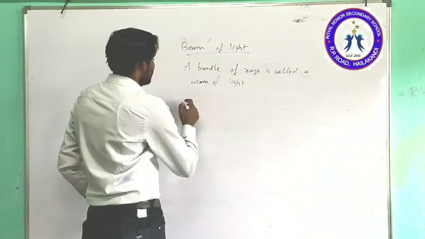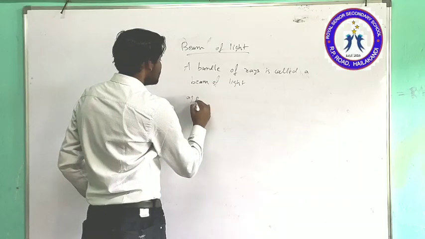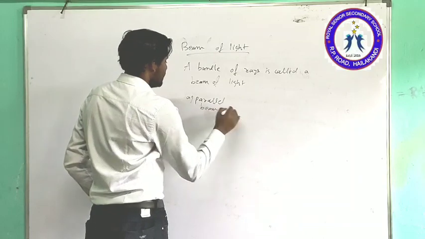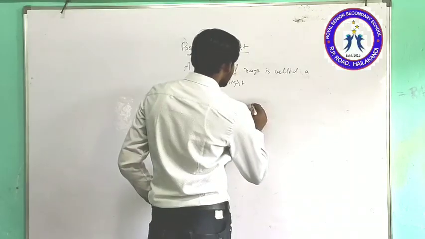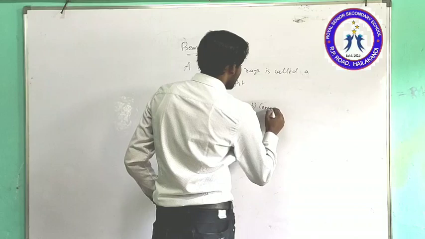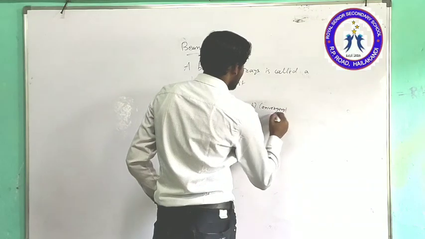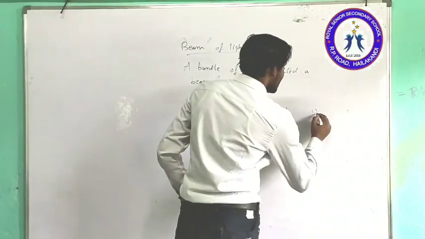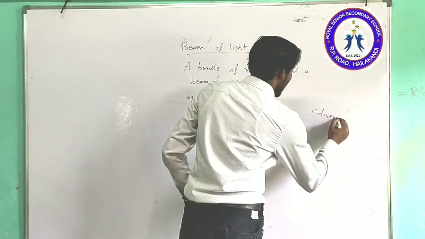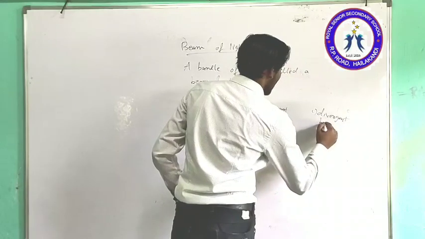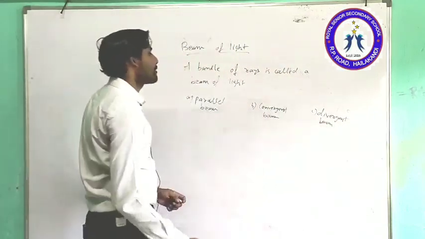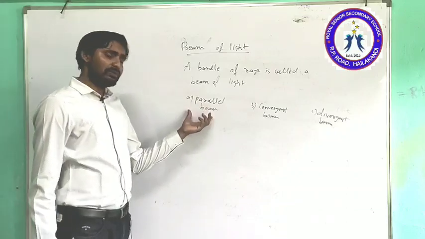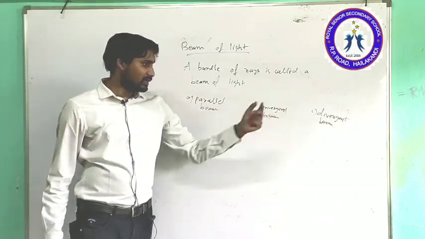A beam can be parallel, a beam can be convergent, and a beam can be divergent.